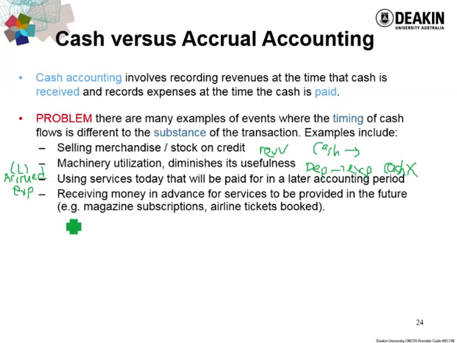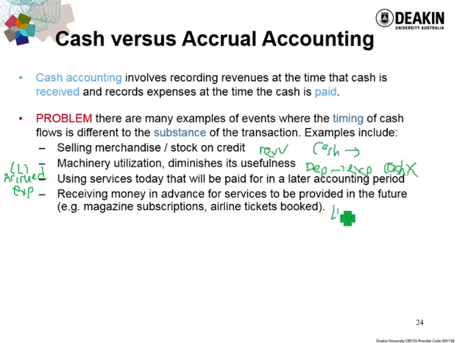If you look at another example, you may receive the money in advance from customers, but you will only provide the services or goods in a future period. Examples will be magazine subscriptions and airline tickets booked. In this case, you receive the cash now, but you haven't really earned the revenue because you have not provided goods and services.